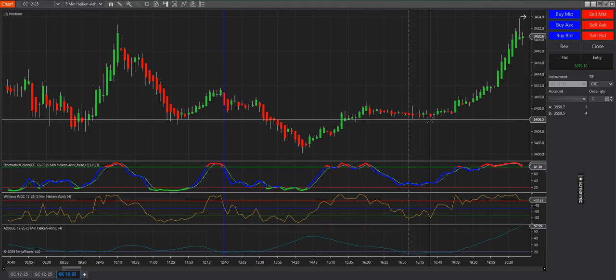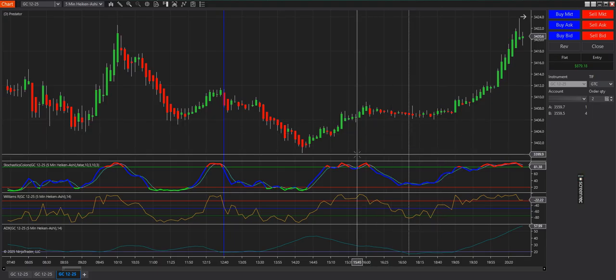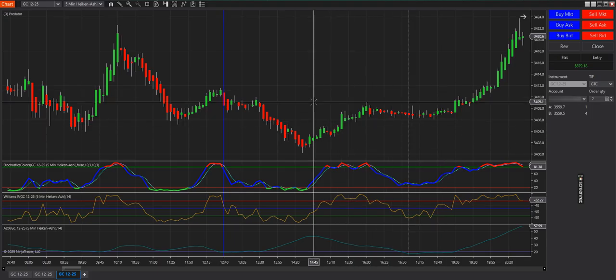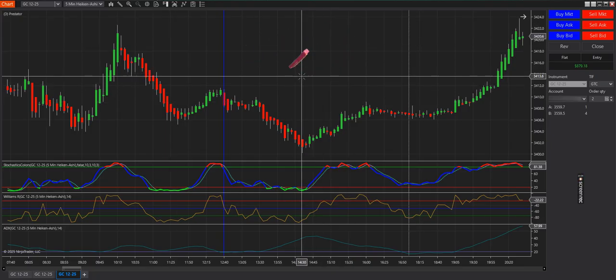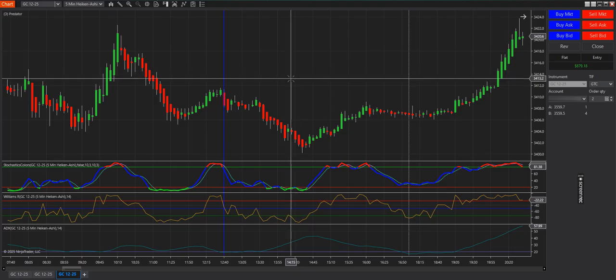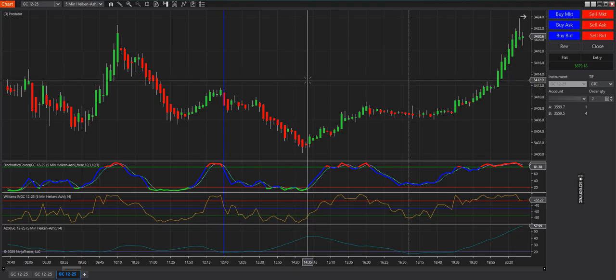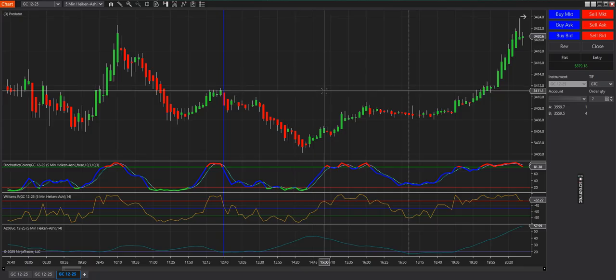Basically, it manages your trades. Every time you take a trade, you have to set a profit target and also a stop loss, how much you're willing to lose and how much you want to make. Because I'm trading gold futures, you set the amount of ticks you want as your profit, and the amount of ticks you want as your stop loss.